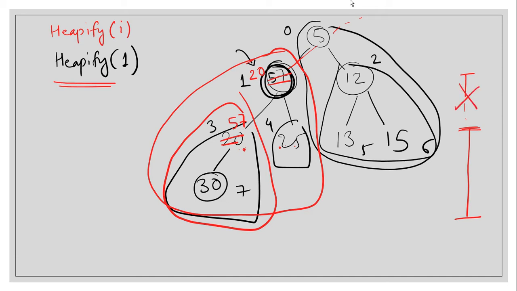Why will this be valid now? Because this 20 was less than 25, so all the elements below 25 would be more than 25. So now the parent of 25 is 20, which is less than 25 and less than all of its children. So this will satisfy the heap property in all of this part.